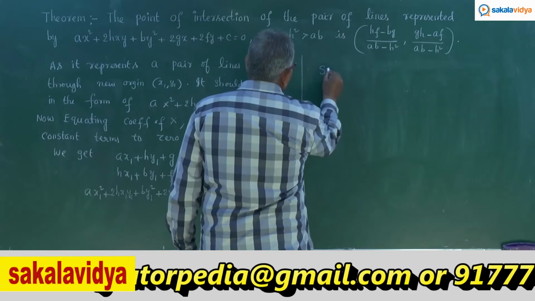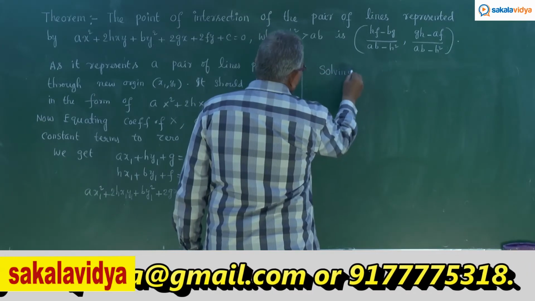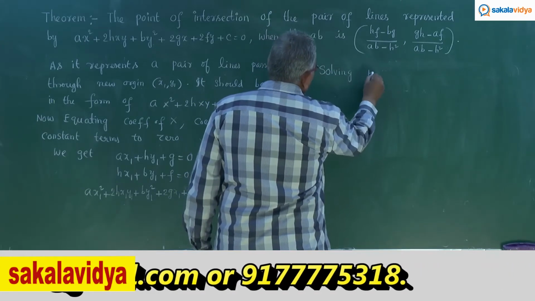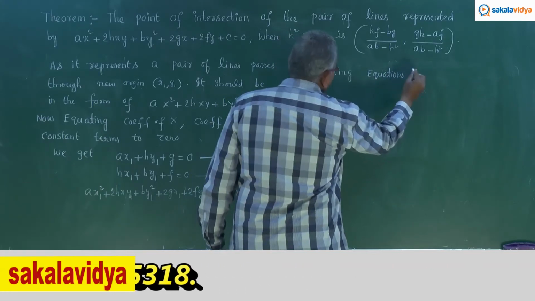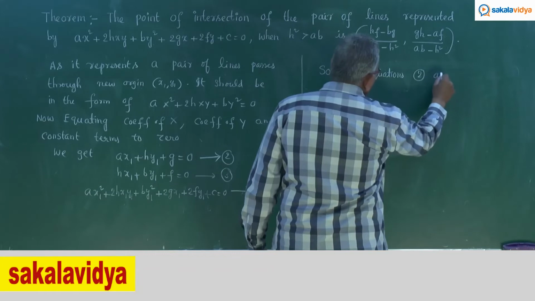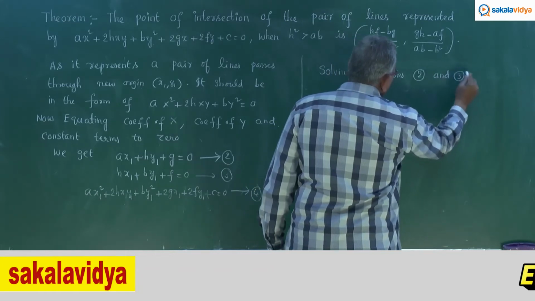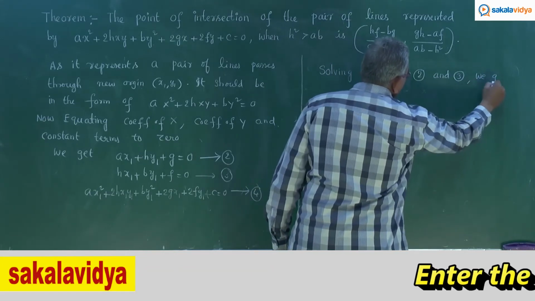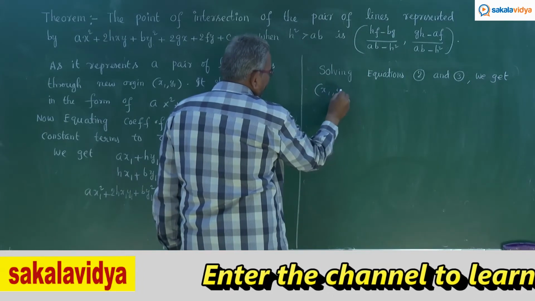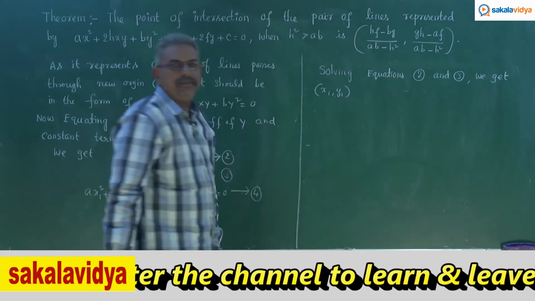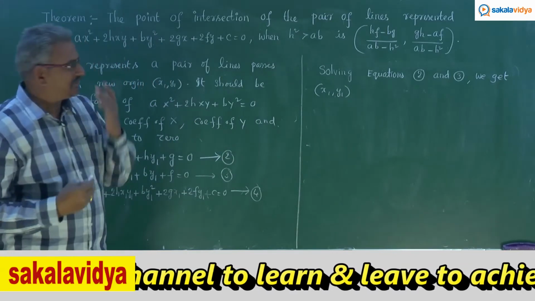Solving equations 2 and 3, we get x1 comma y1, which is the required point of intersection of the pair of lines.